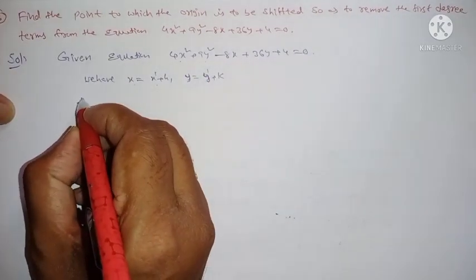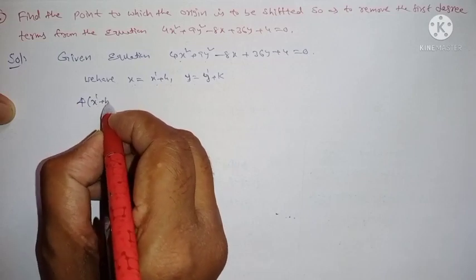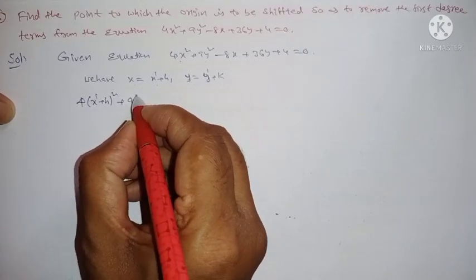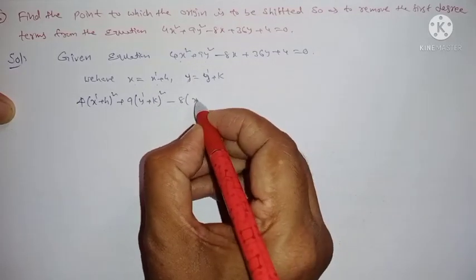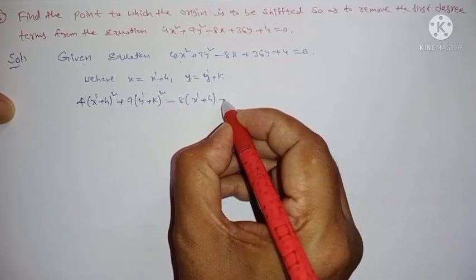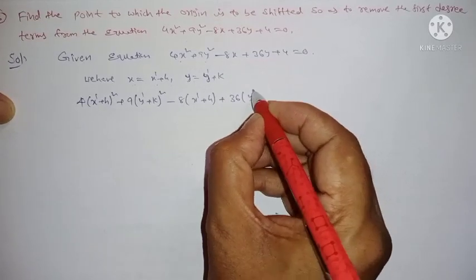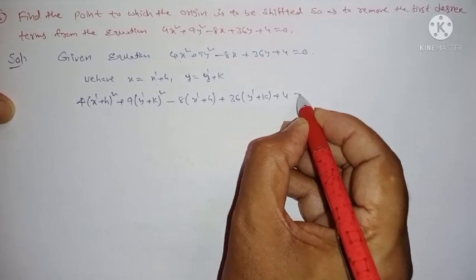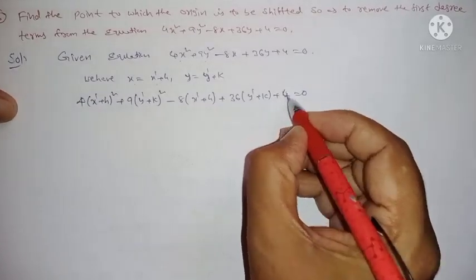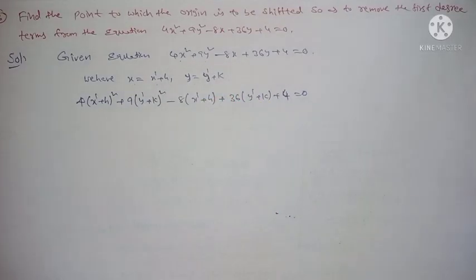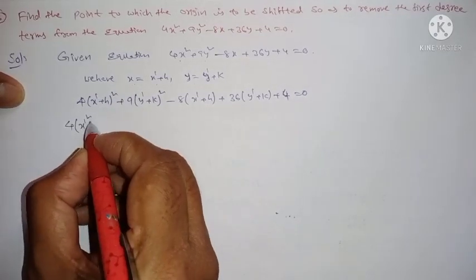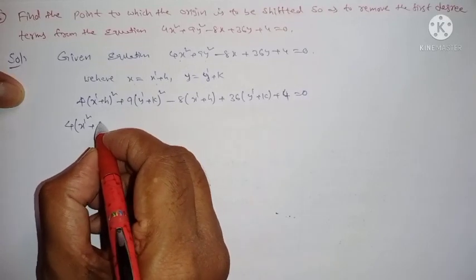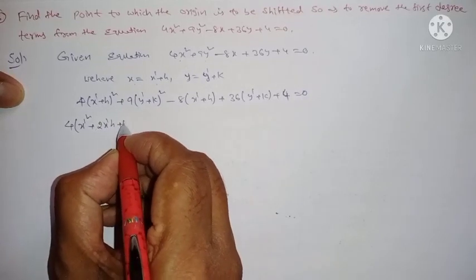What will we get here? 4 of (x dash plus h) whole square plus 9 (y dash plus k) whole square minus 8 of (x dash plus h) plus 36 of (y dash plus k) plus 4 is equal to 0. I am substituting the x and y values by x dash plus h and y dash plus k. We can simplify this one. What will we get here? x dash whole square plus 2x dash h plus h square, first term.